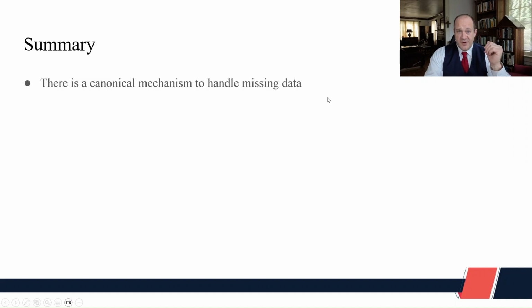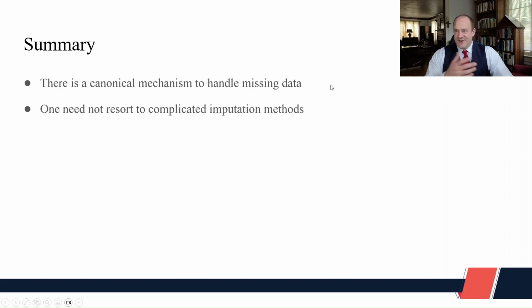So, what did we learn? Well, what we learned was that, in fact, there is a canonical mechanism to handle missing data. We don't have to wring our hands and go, well, this author says this, and this guy said that, and my professor said this, and in some cases it's good to do that. It's like, no. We don't have to go through all that. We can simply go, there is a canonical way to handle this stuff.